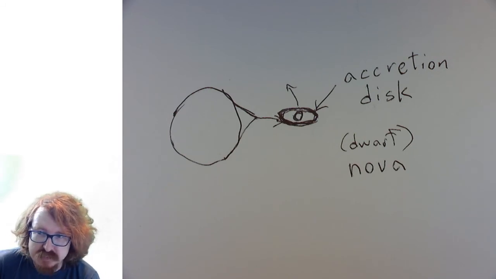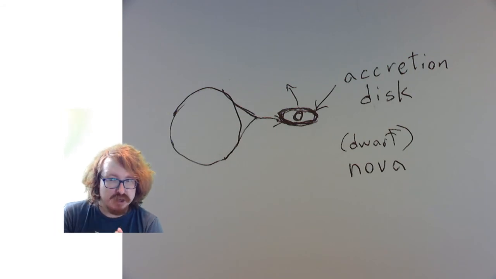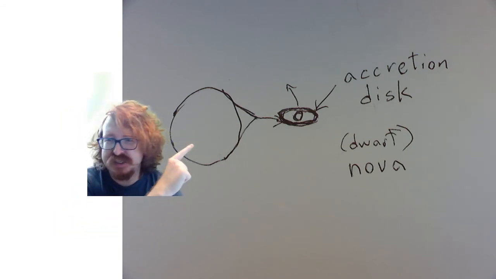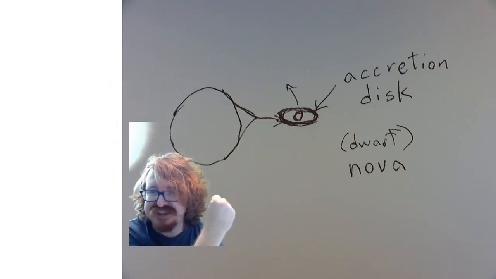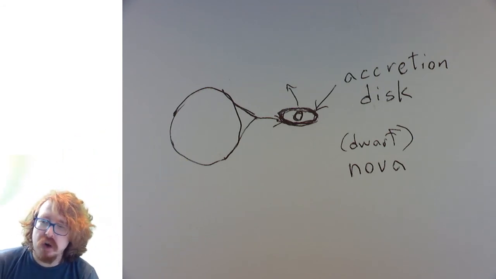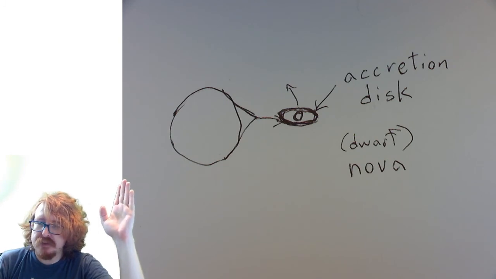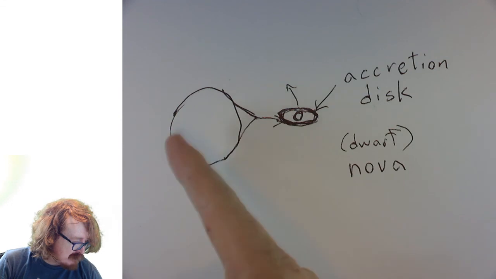That's crazy, right? But that is not enough energy, not enough explosive power to damage this star or the white dwarf. The white dwarf especially is super dense and resilient, right? So that dwarf nova just blows the disk off. But then the white dwarf can just make a new disk.